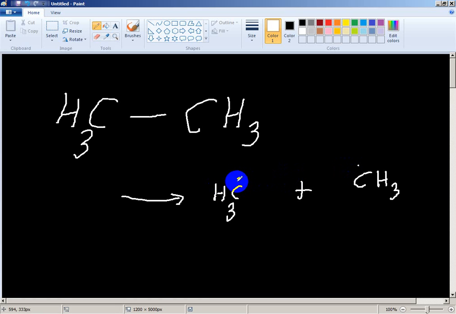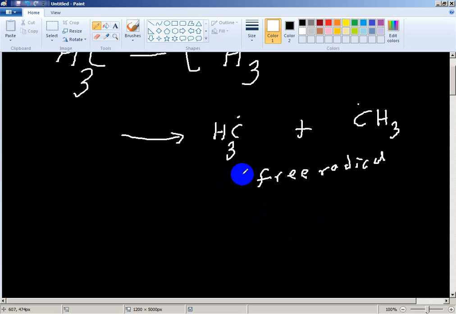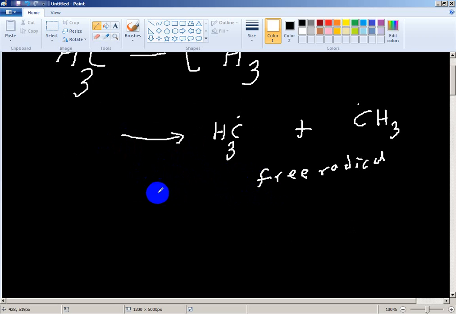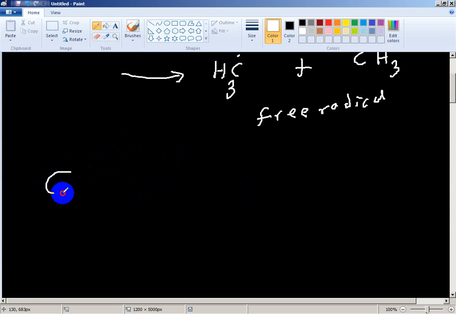This forms radicals. An unpaired electron is called a free radical. This is called homolytic fission.